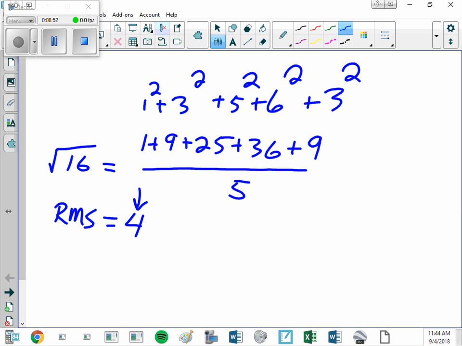Oh, good, I like that word, outlier. 1 is further away from the RMS than the 6. So weighing heavy and weighing light kind of have the same effect on the RMS, right? It all has to do with how far away you are from the center. So 6 is the heaviest number, but it's closer to the RMS than 1. So getting rid of the 1 is actually going to affect things more.